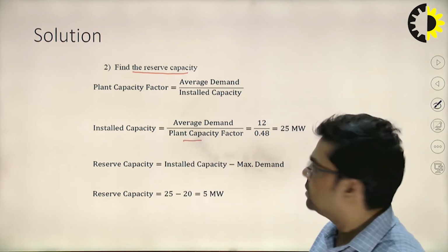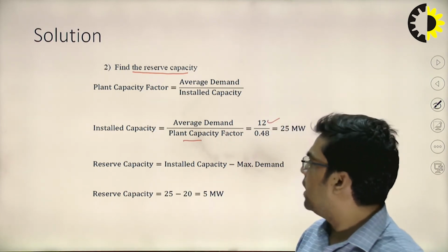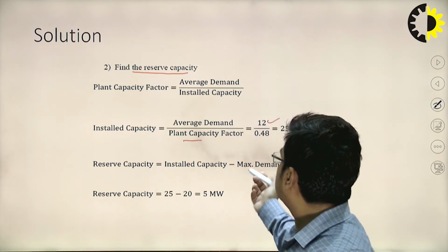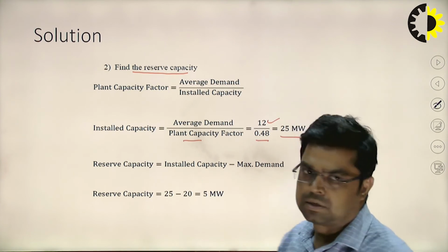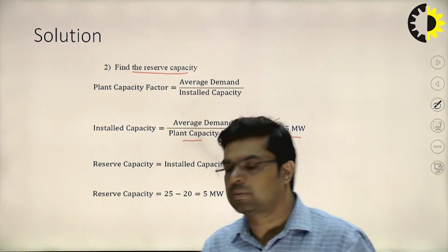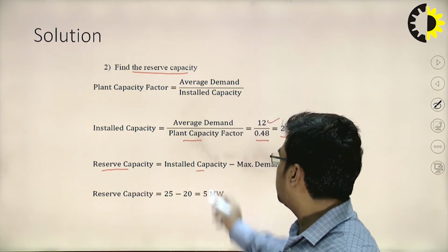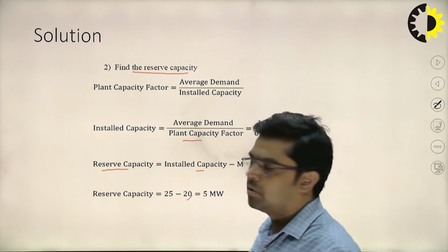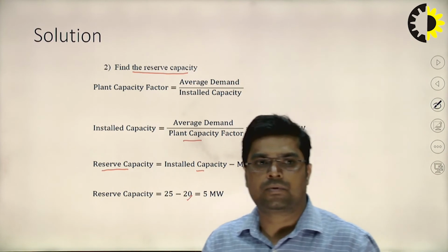The average demand is 12 megawatt, and the plant capacity factor is 0.48. From that we can find the installed capacity. Then the reserve capacity is the installed capacity minus the maximum demand, and the maximum demand given is 20. Likewise we get the reserve capacity of 5 megawatt.